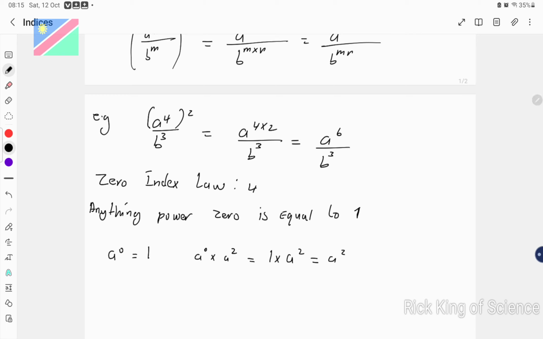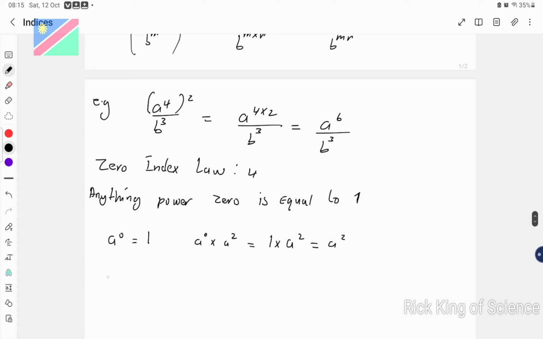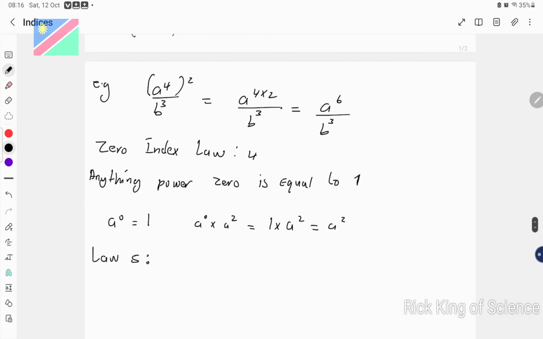So let's go ahead to law number 5. Law 5 is fraction index.